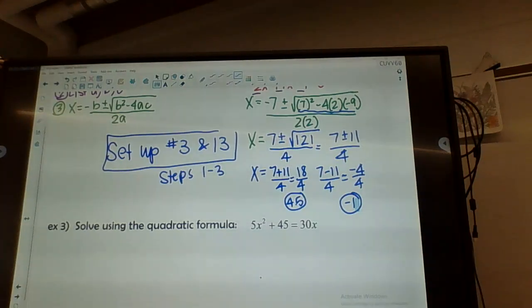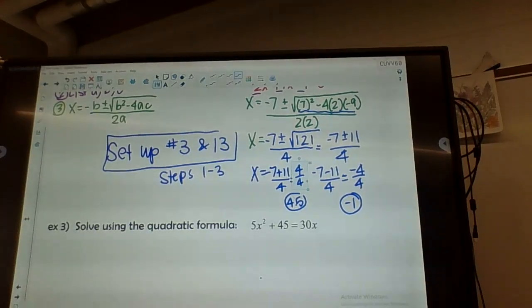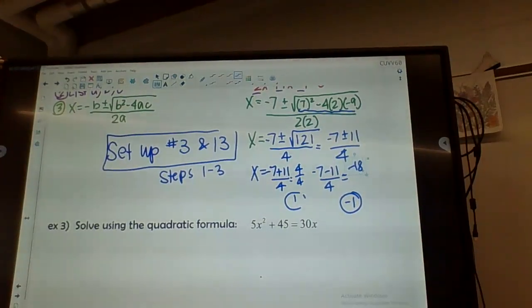So when I said that opposite of B thing is so important, it's so easy to miss out on. I'm going to blame the fact that we were doing this over the course of 2 days. But I think it just flips our signs, right? So this one would be positive 1, right? And then this one would be a negative 18 over 4.